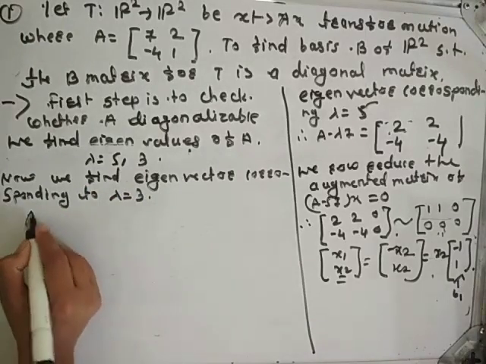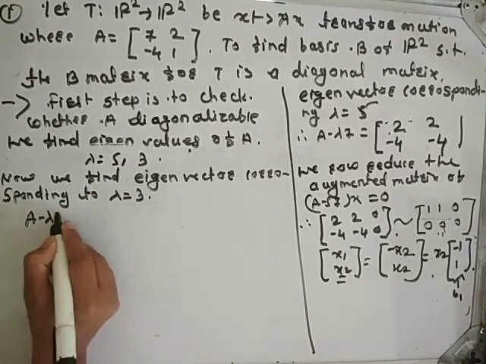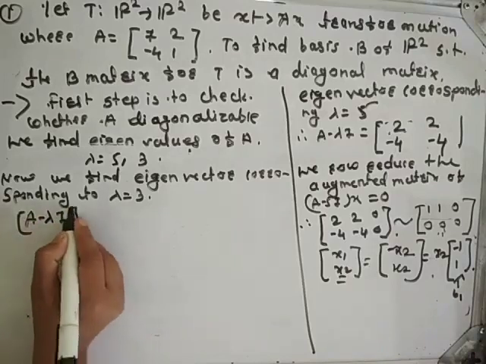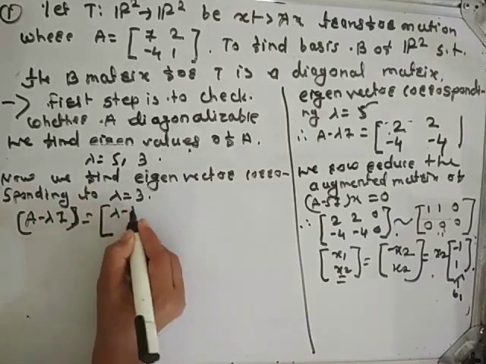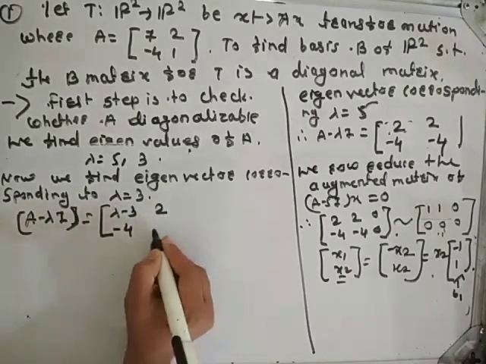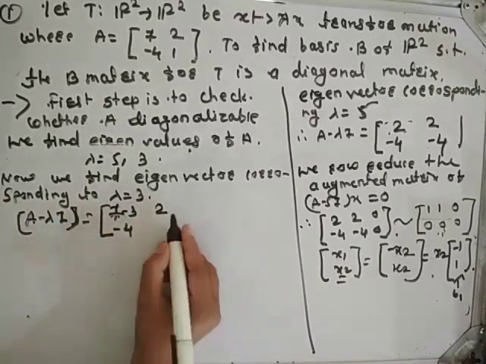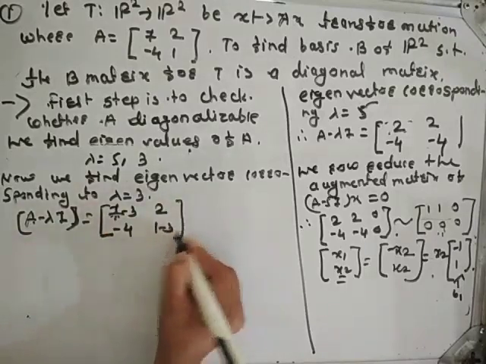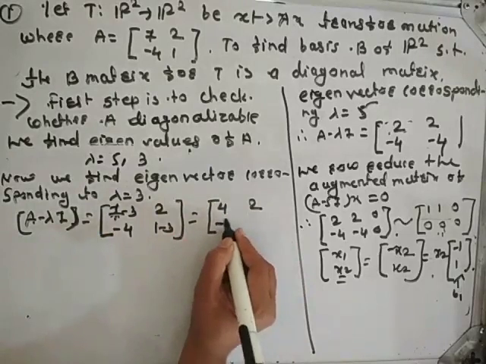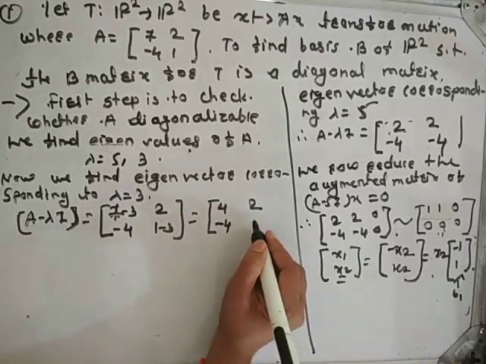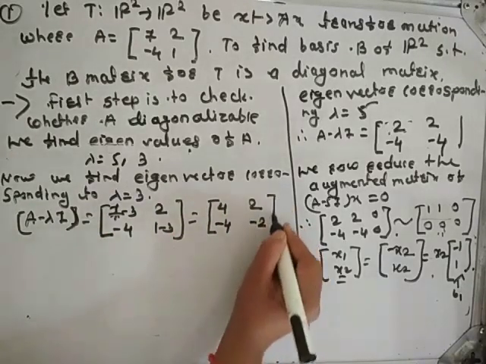Our A minus lambda I becomes the matrix 7 minus 3, 2, minus 4, 1 minus 3. This is nothing but 4, 2, minus 4, minus 2.